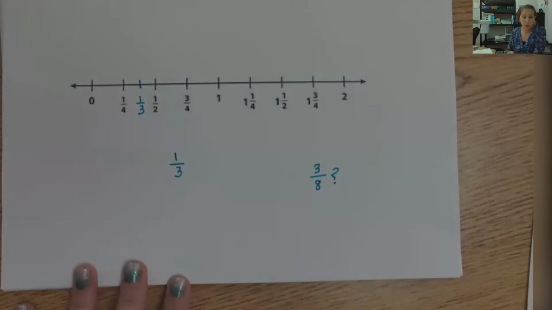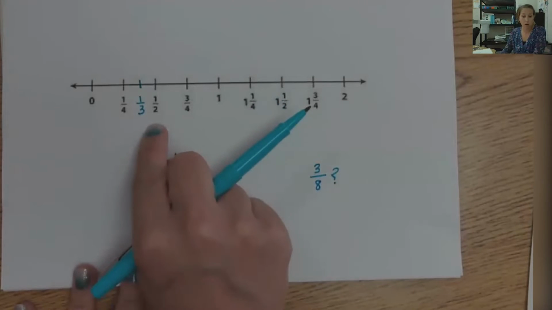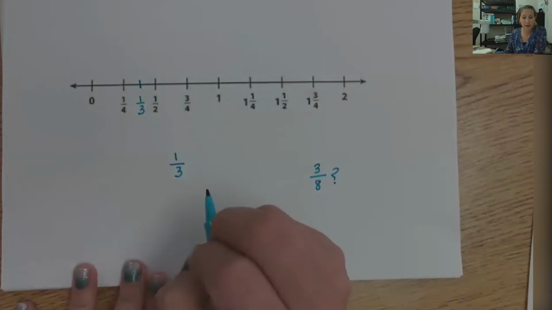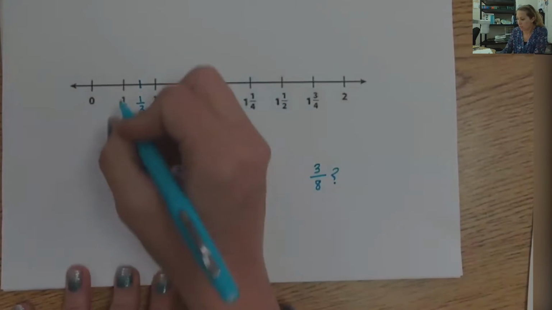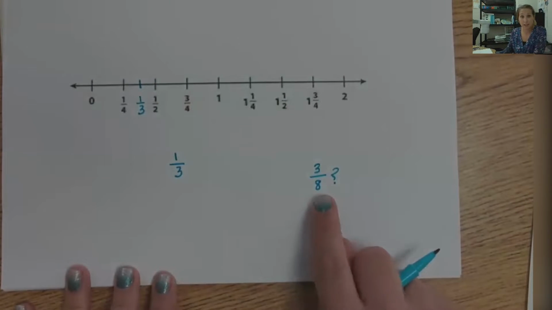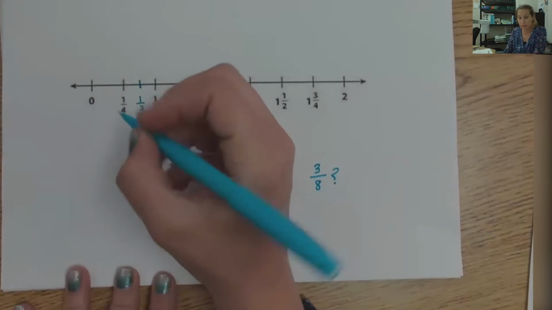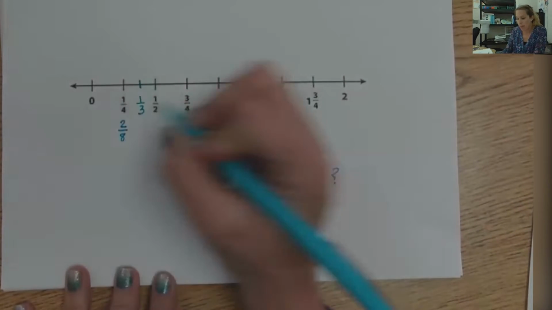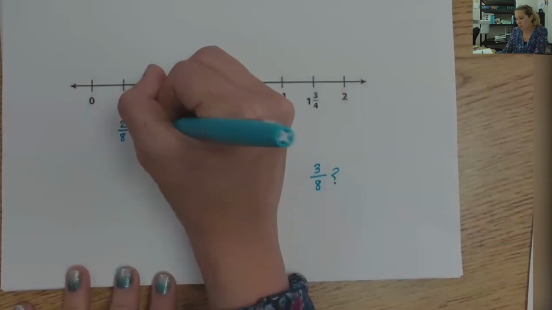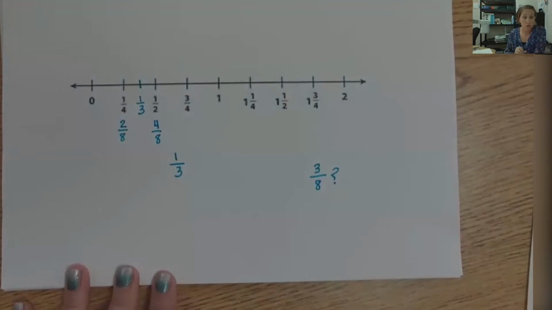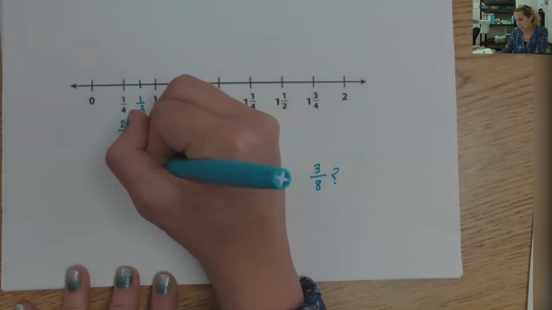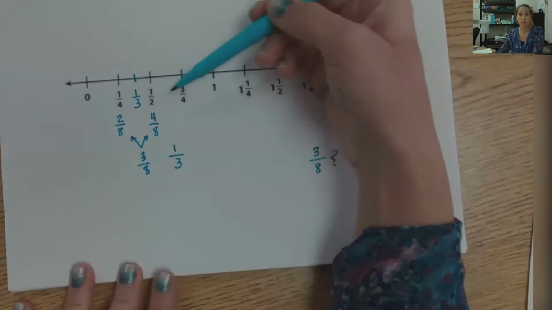We can say that it's between 1/2 and 1/4 as well, because we can get a common denominator. 1/4 in eighths would be 2/8. What about 1/2 in eighths? 1/2 would be 4/8. Do you agree? So I know that 3/8 is going to come between 1/4 and 1/2.